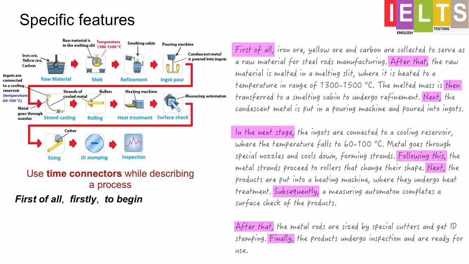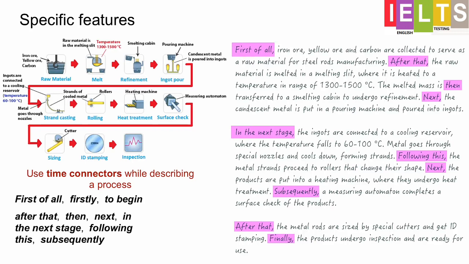To move on to the next stage, I used the following connectors. After that, then, next, in the next stage, following this, and subsequently. And to describe the last stage, I used the connector finally. It's a very, very good idea to use these time connectors if you're describing a process. This way your writing will be more coherent and you will achieve a higher score.